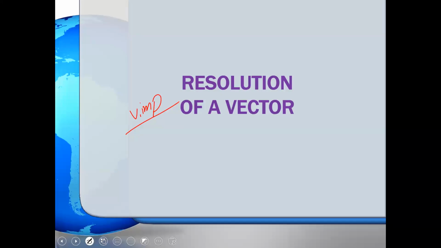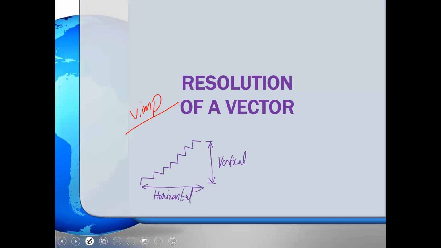When you're traveling on an inclined path, suppose you are going upstairs, you travel two displacements. One is called horizontal and one is called vertical.